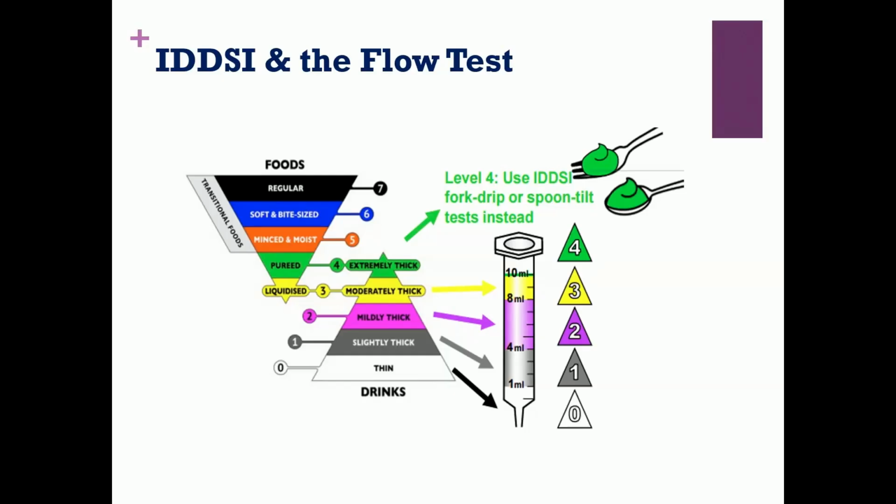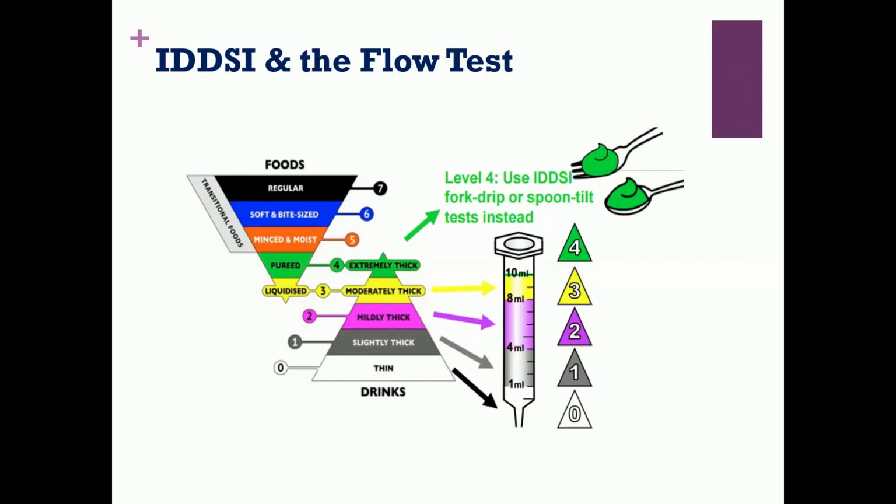Compare that now to a good old-fashioned chocolate milkshake from McDonald's, which is super duper thick. Again, fill that syringe up with 10 mils, leave it to drip out over 10 seconds. I suspect that there would still be about 9 or 10 mils left in that syringe because it's just so thick, it's not going to drip out.